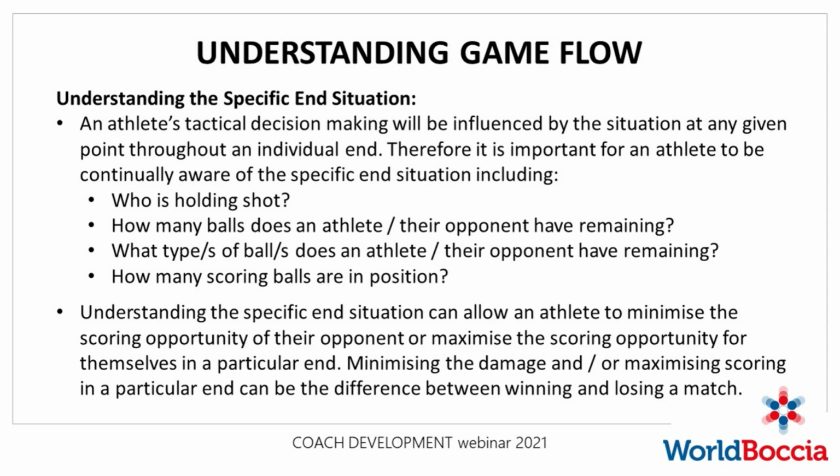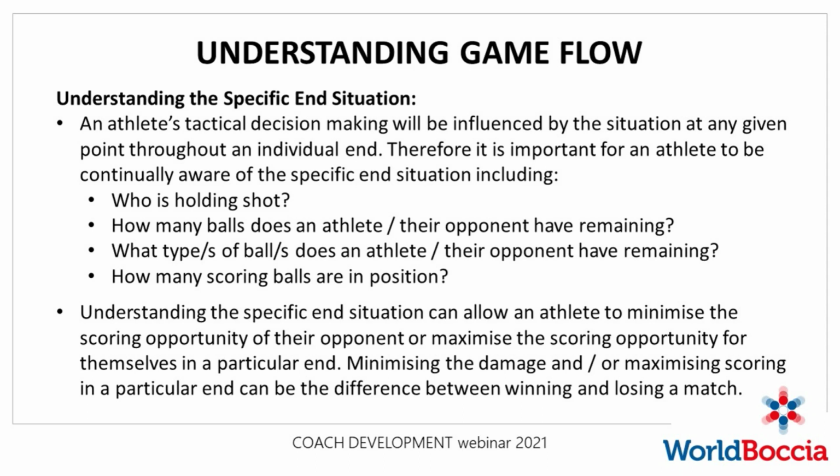If an athlete has more balls left than their opponent, they can afford to be a little bit more attacking in an attempt to maximize their scoring potential. If they have less balls left than their opponent, they're probably looking to be a little bit more defensive in order to minimize the scoring opportunity for their opponent. Being aware of, first of all, what type of balls your opponent has.